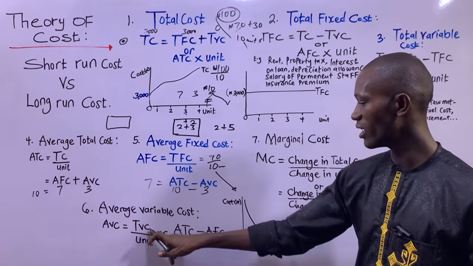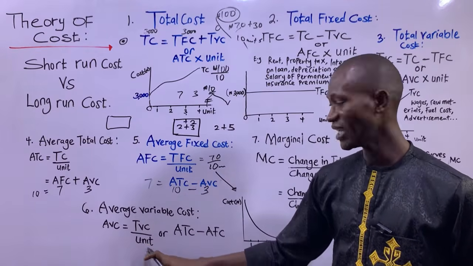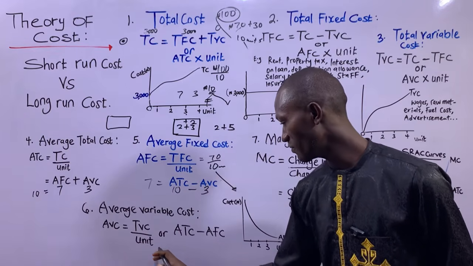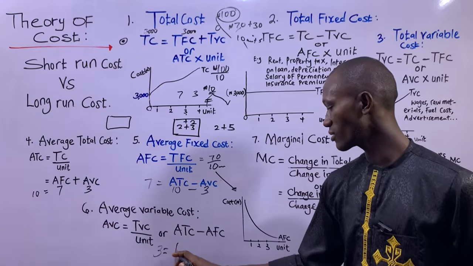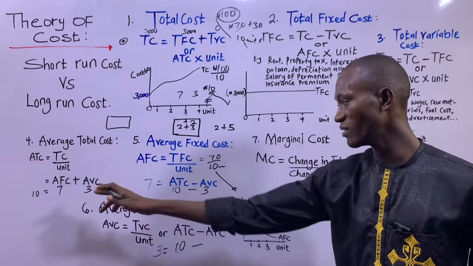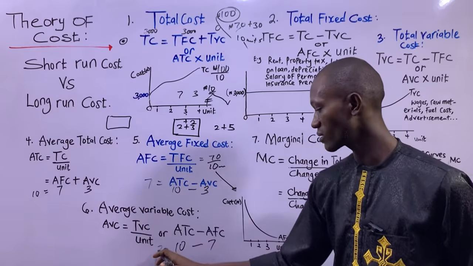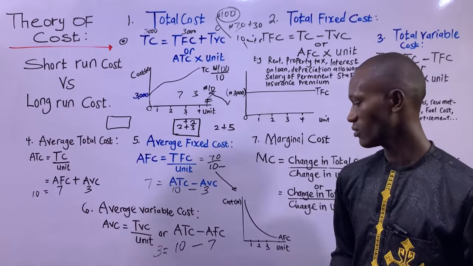So if our total variable cost is 30, that's 30 divided by 10 units, that gives us 3, which we've got in here. So average variable cost is 3. Or, average total cost is 10, and we did say the average fixed cost is 7. So 10 minus 7 gives us 3. So average variable cost is 3, which we have.